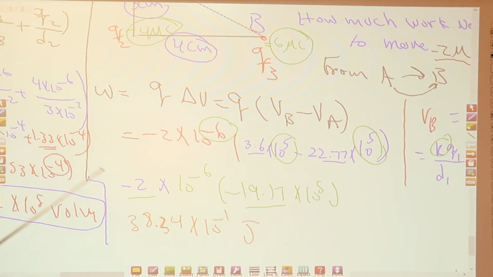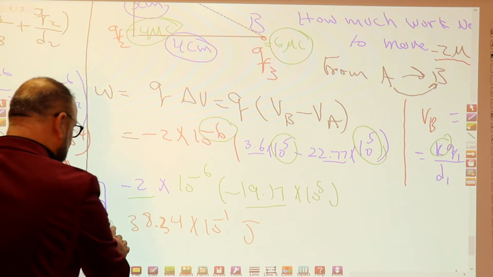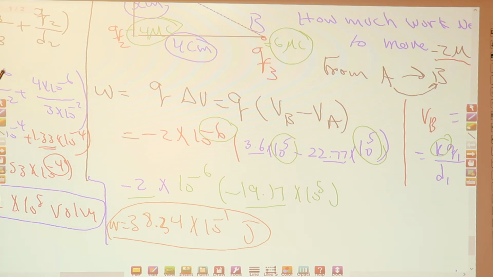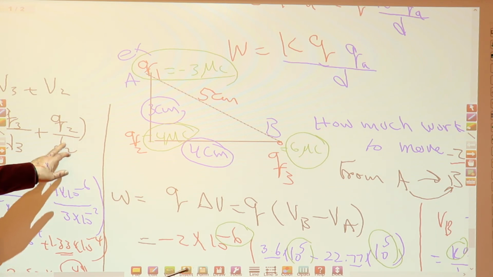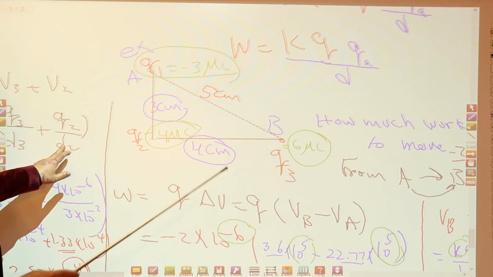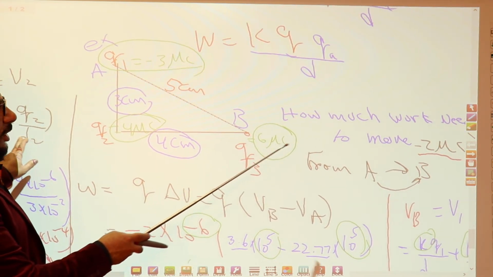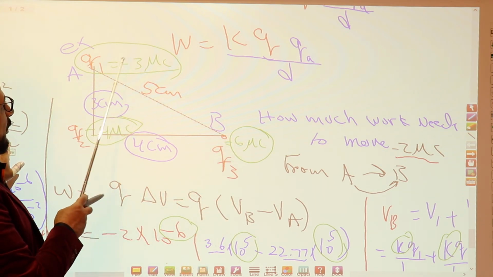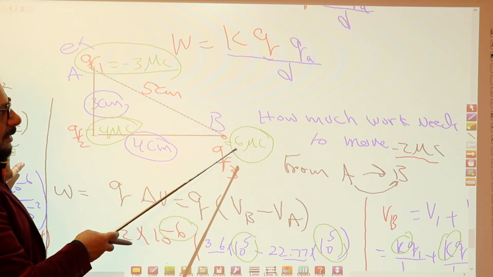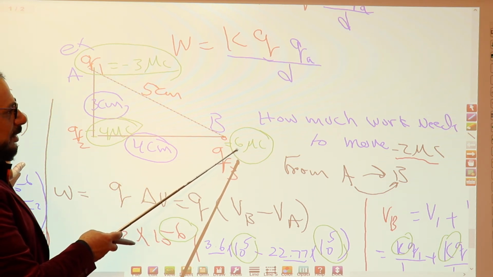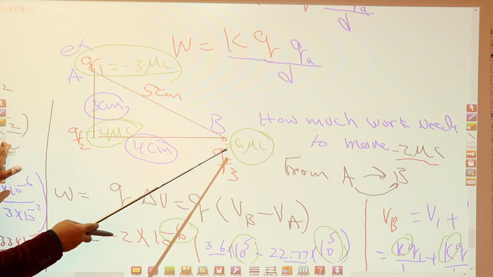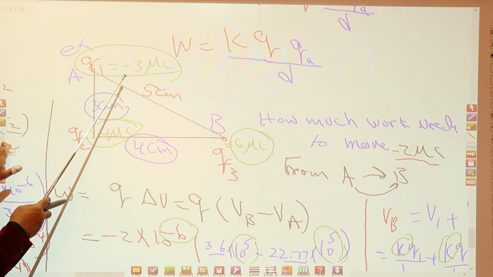Okay. Let us see this answer. This is my work needed. This is the work needed to move a negative charge from A to B. You're going to move the negative 2 microcoulomb from here, which is positive, an attractive force, to here.